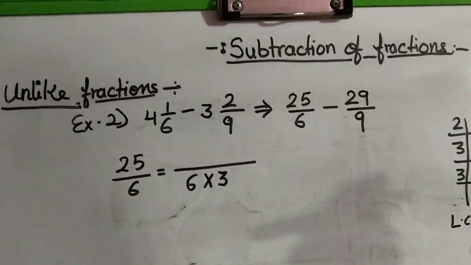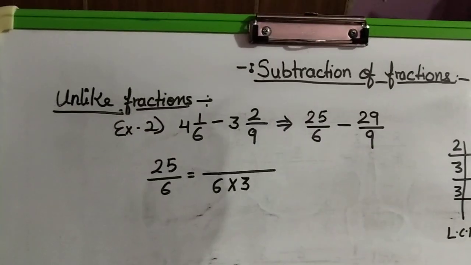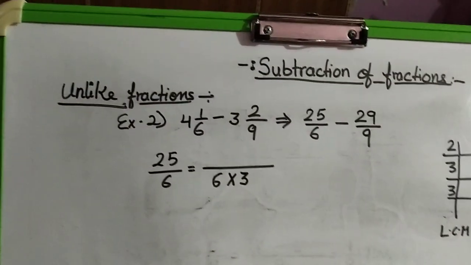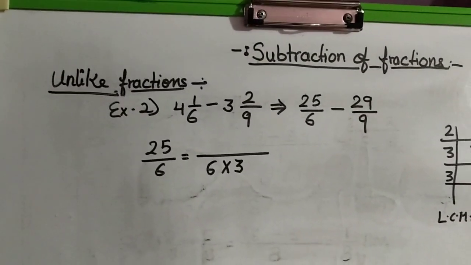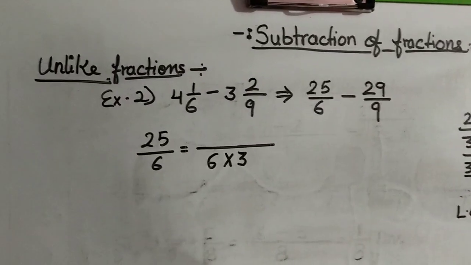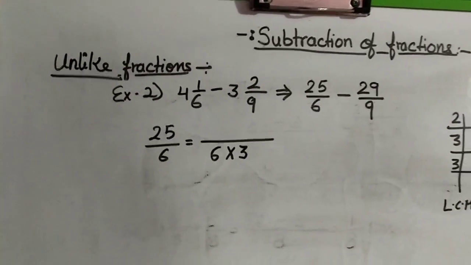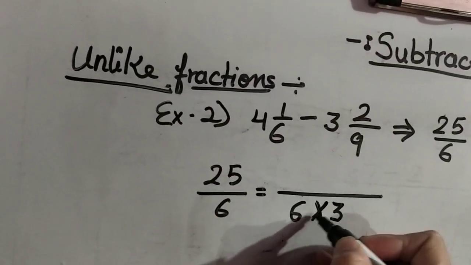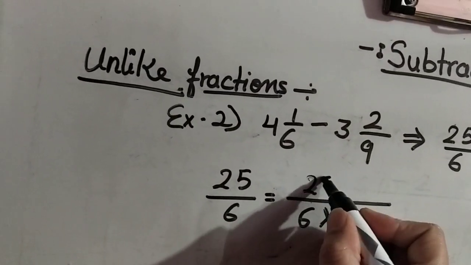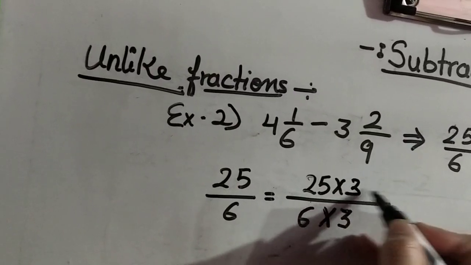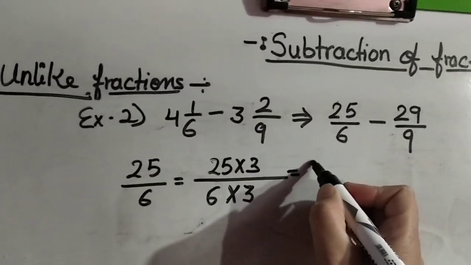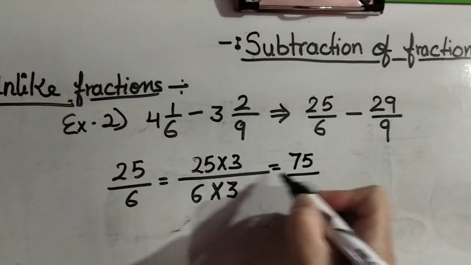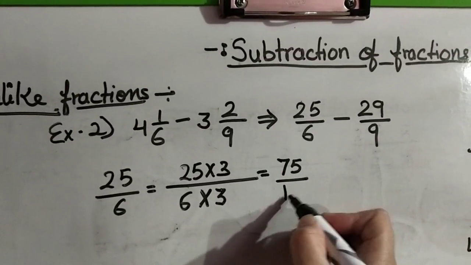To make the denominators same, to change the fractions into like fractions so that we can find the difference or addition easily. So if we multiply by 3 in the denominator, we'll multiply by 3 in the numerator also. 25 3s are 75 upon 18, right?